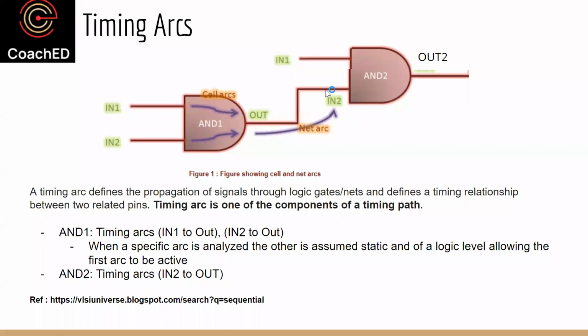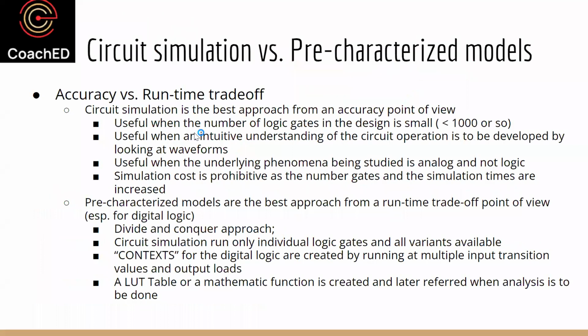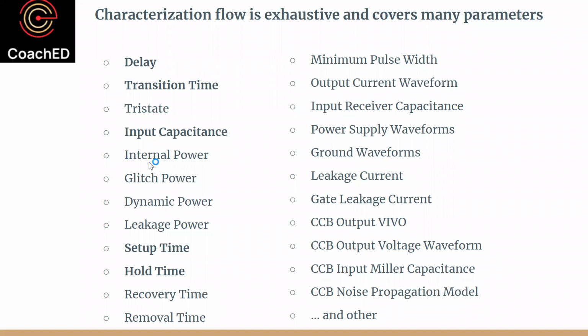So we have the input capacitance, and then we can find out what is the internal power, let's say if it's a multi-stage gate like an AND gate, or if it's a multiplexer and so on. And then we can find out what's the dynamic power, what is leakage, and if it's a sequential element, we'll have things like setup time and hold time, and a lot of other things which you may not even be aware of at this point, and even I am not aware of all the aspects, but the flow does a lot of things and it can generate all this information.